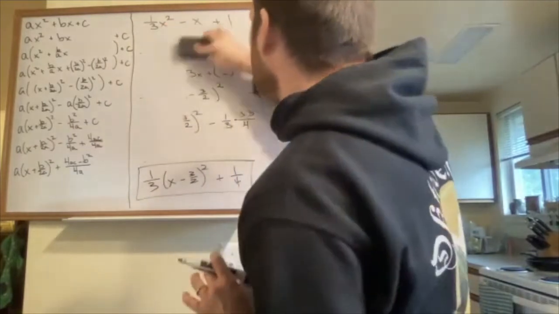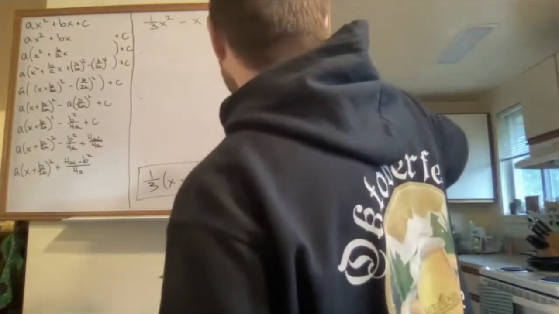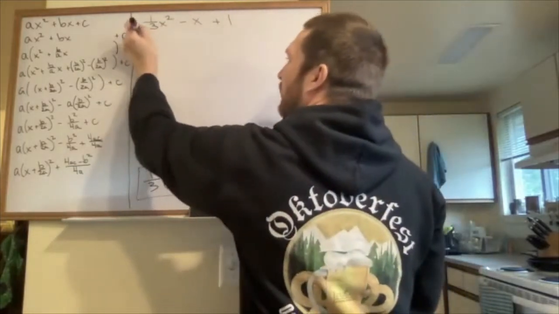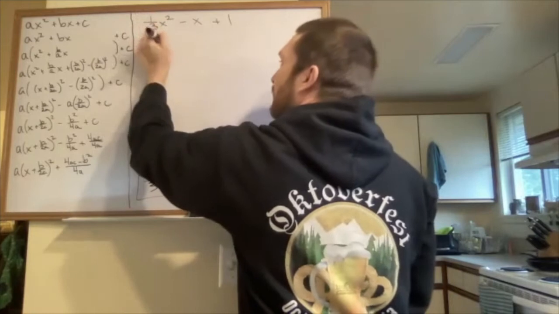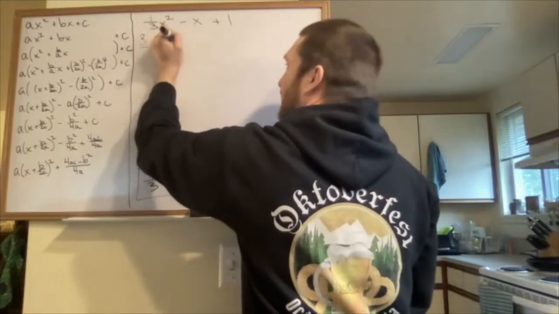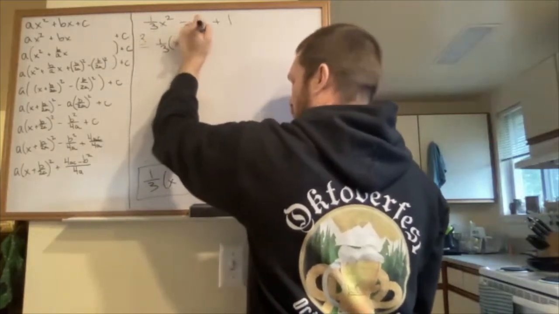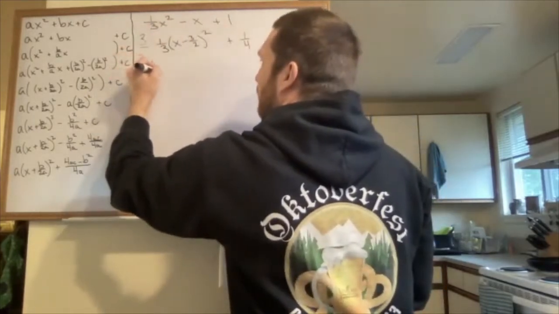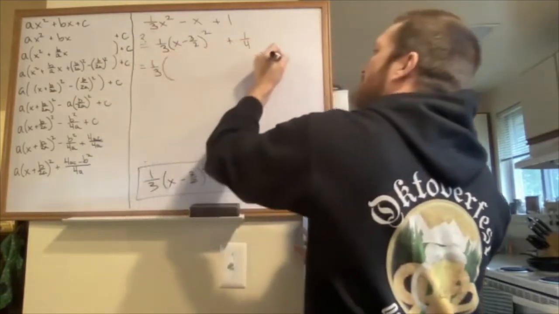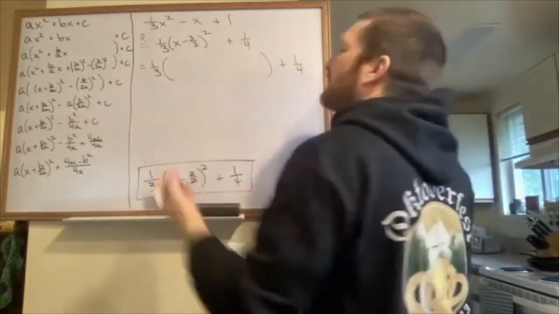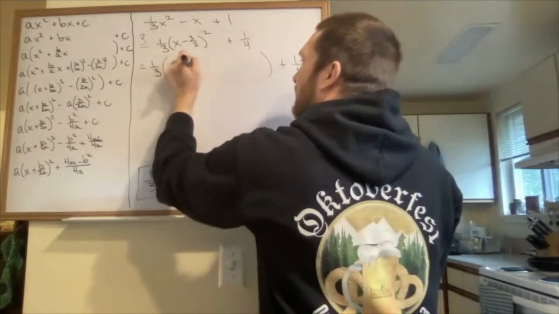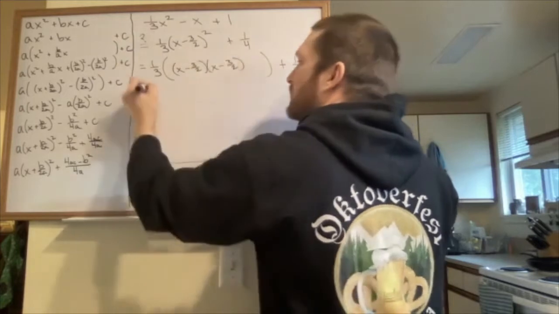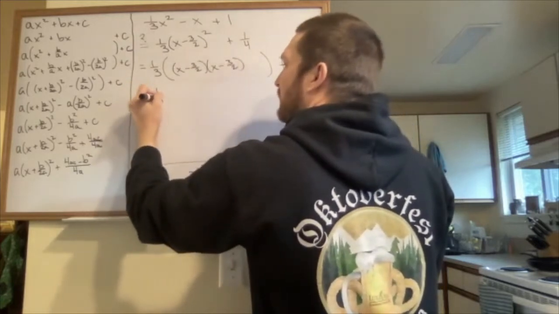We are going to check that this thing is still equal to 1/3 times x minus 3/2 squared plus 1/4. That is equal to 1/3 times something times itself, which is x minus 3/2 times x minus 3/2. So would you FOIL that out for me, please?